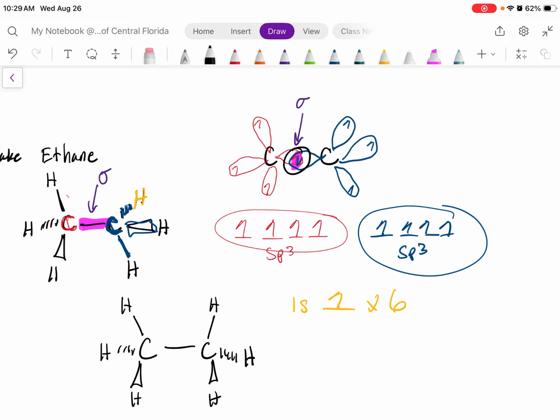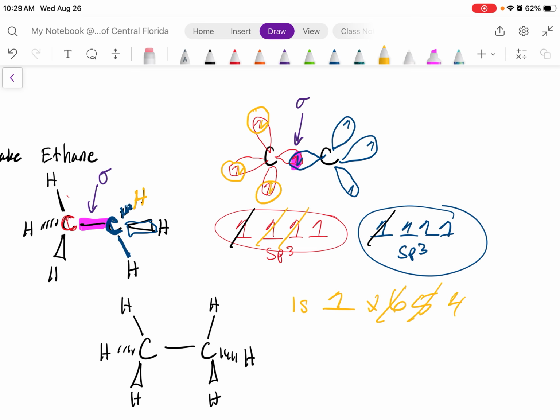Those two right there are this one and that one. Now we are going to bring in our hydrogen atoms. There's our hydrogen atom, and it comes with 1 electron. So we've used this one, and now we're down to 5. And if I bring in another hydrogen, got rid of this one, now we're down to 4.